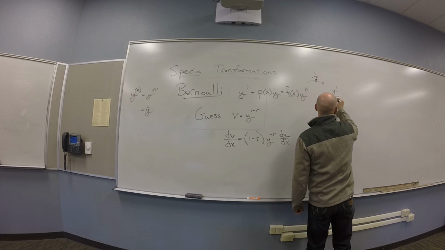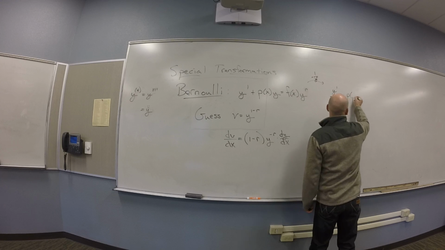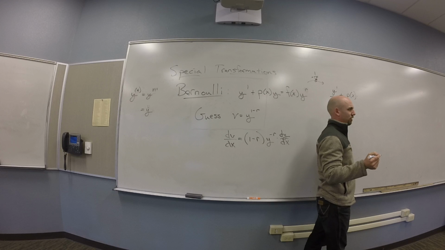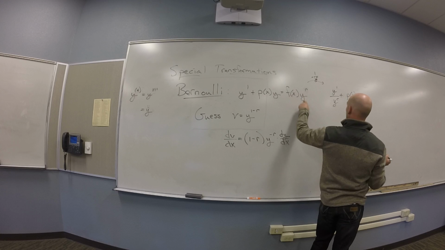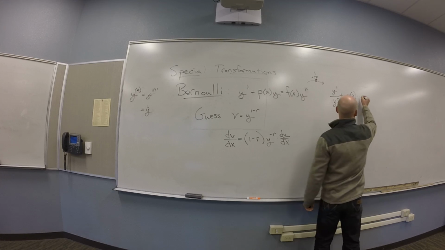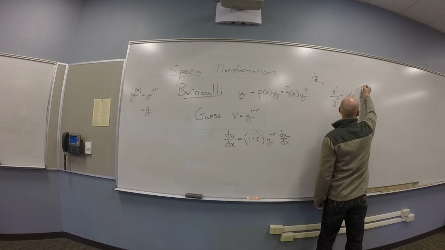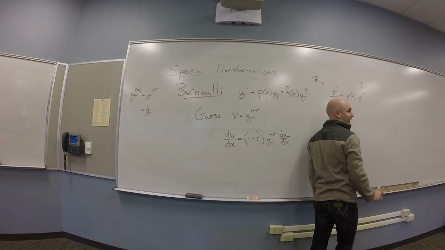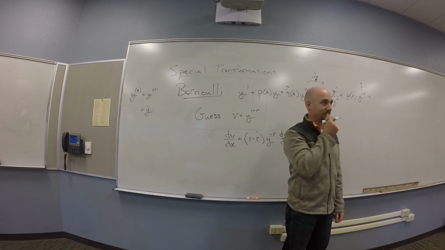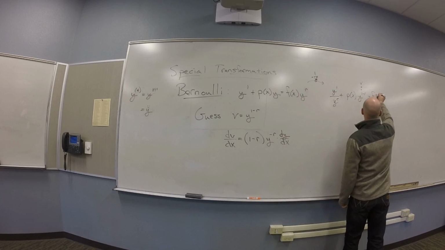So I got y prime over y to the r plus p of x times a v, because it's a y divided by a y to the r. So that's a y to the 1 minus r. I'll write it as 1 minus r here, but really what I'm thinking is that's a v. On the other side, what have I got? F of x. There's an f of x left over there.